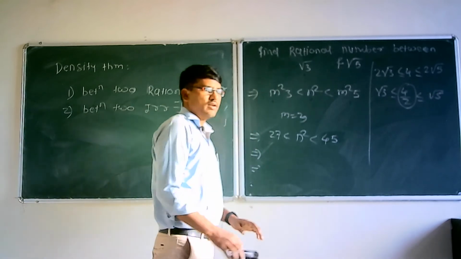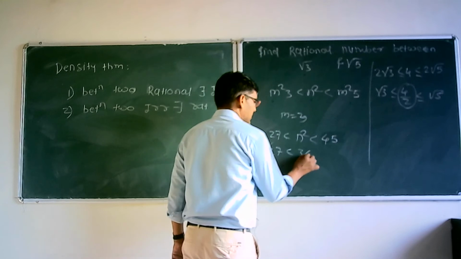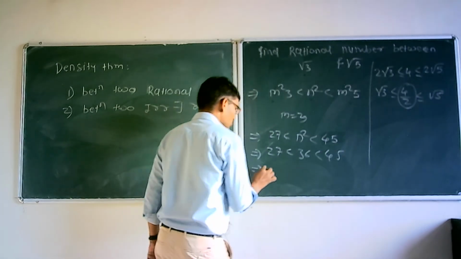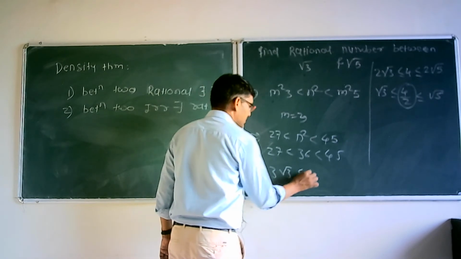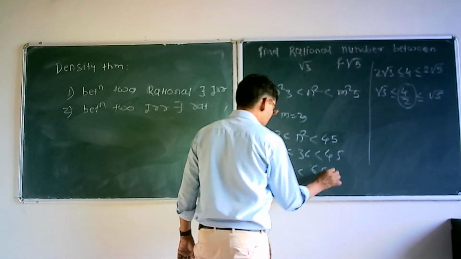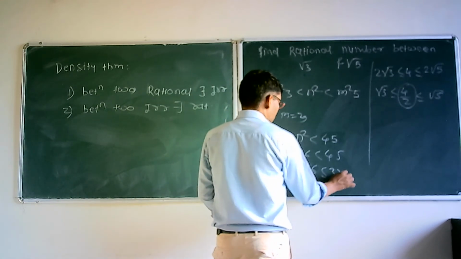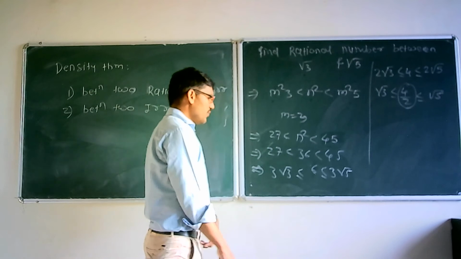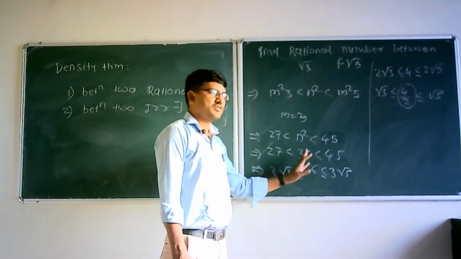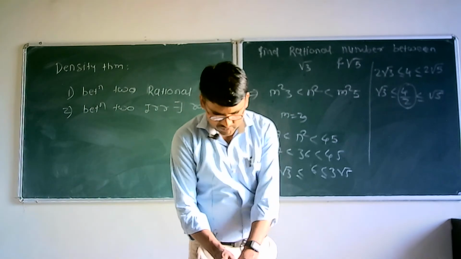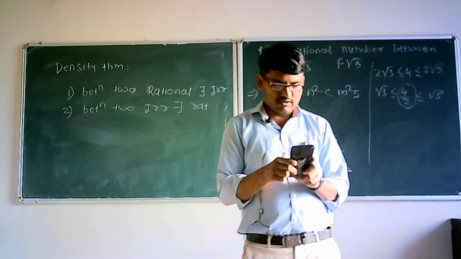The perfect square between 27 and 45 is 36. Taking the square root on both sides, 3 under root 3 is less than or equal to 6, less than or equal to 3 under root of 5. If you divide by 3, again you get a rational number between root 3 and root 5, that is 6 by 3. This way you can easily identify a rational number between any two irrational numbers.